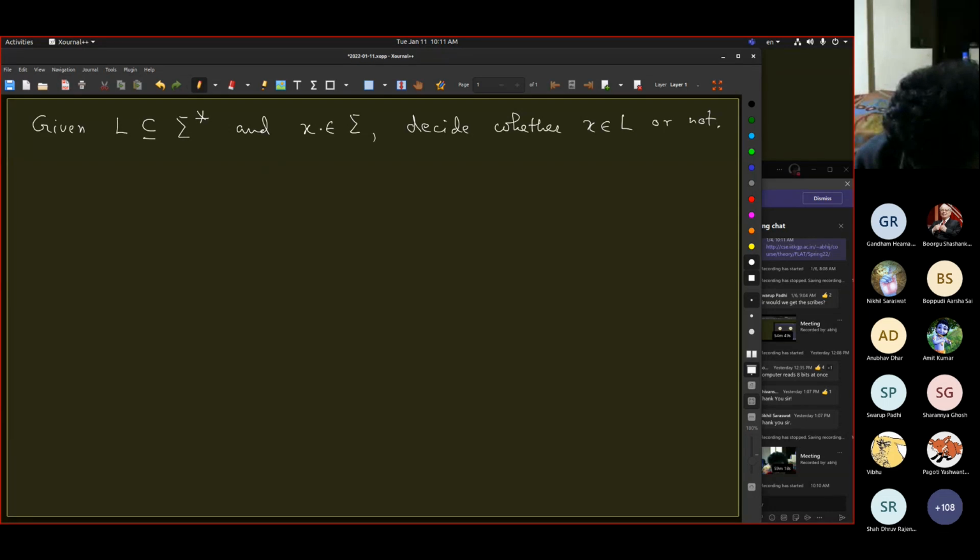Okay, so now this X is a string. Sorry, X is in sigma star. This is a subset, this is a member. Okay, so X is a string, it has a finite representation, so we do not worry too much about X.